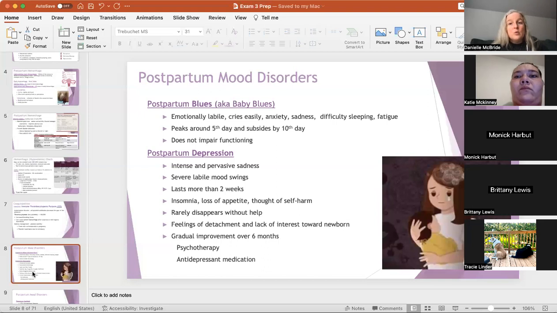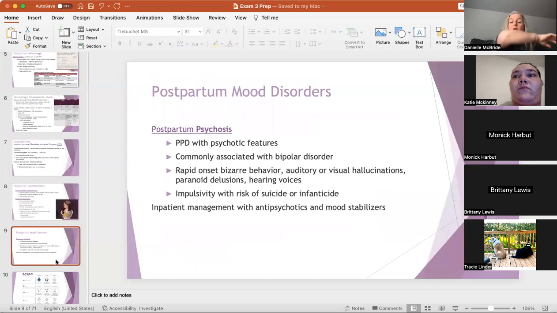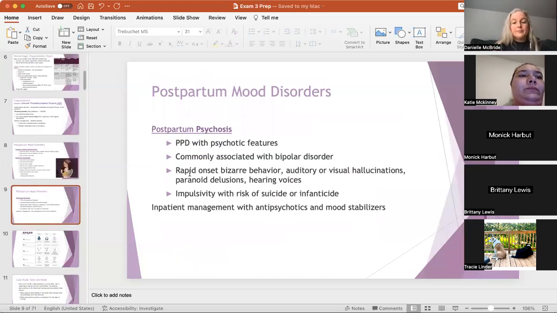Those are the ones, like if you hear about women that kill themselves and their families and their babies, it's psychosis. Makes sense? And she probably needs to be hospitalized, your psychosis patient. So here's psychosis on this slide: rapid onset, bizarre behavior, auditory hallucinations, paranoia, all of that.